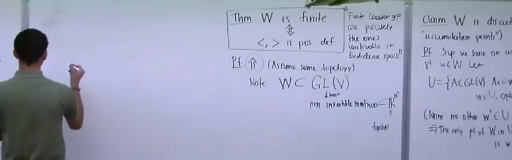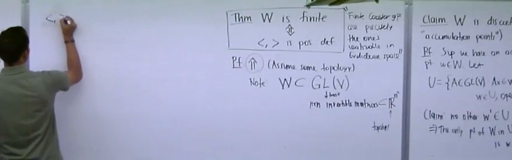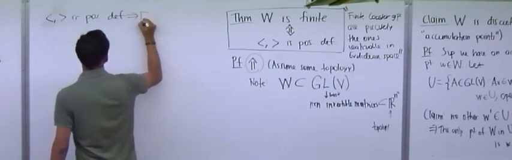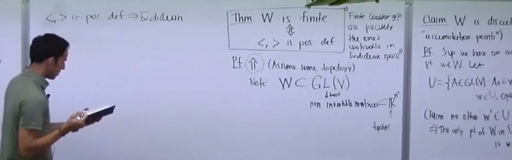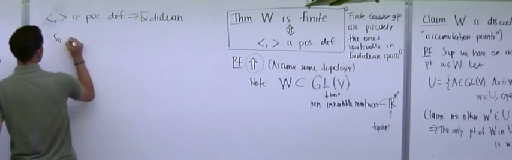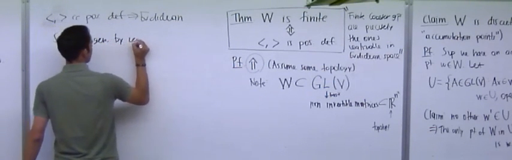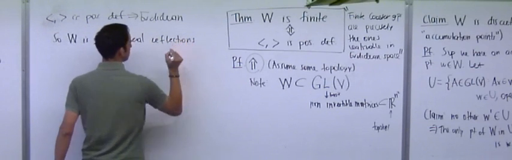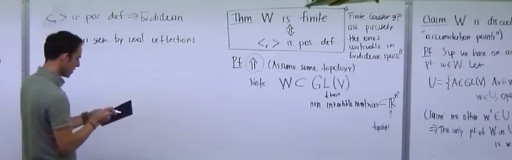Why is that an issue? Well, the thing is that this form is positive definite, which means that it's Euclidean. So W is generated by real reflections, and these are not any of those strange reflections anymore. They're real.